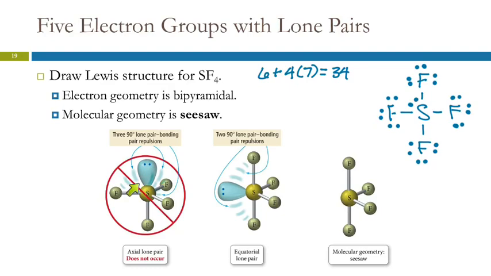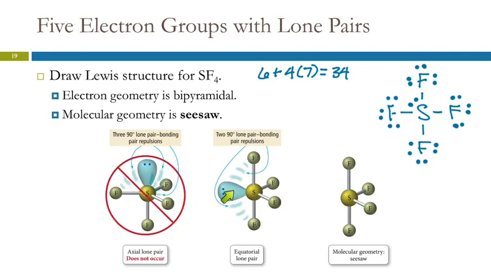So we have a choice between putting this lone pair in an axial position or an equatorial position. This lone pair is going to take up more space, and so we need to put it in the position where it has more space. If we put it up here in the axial position, it's going to have 90-degree bond angles with 3 atoms. It's going to push them away a little bit, but that's what it starts with.